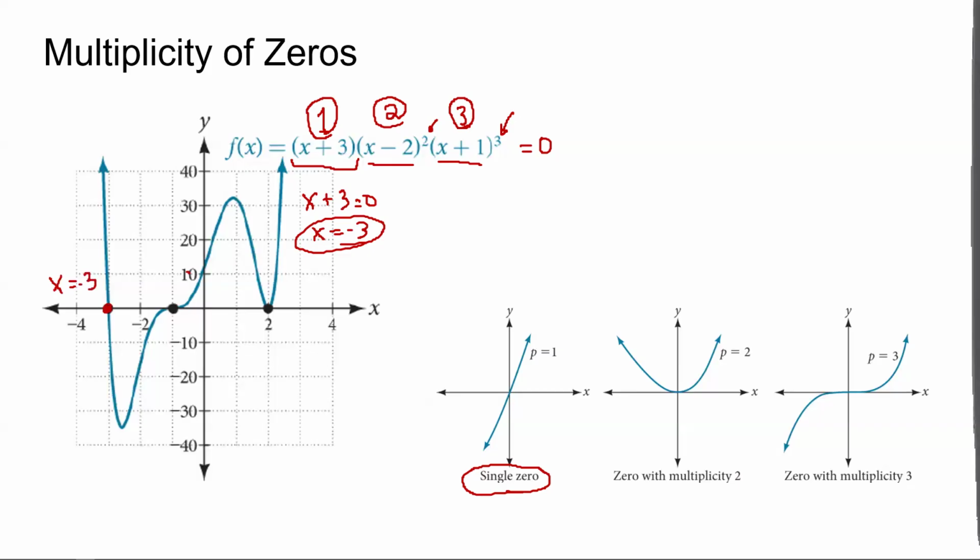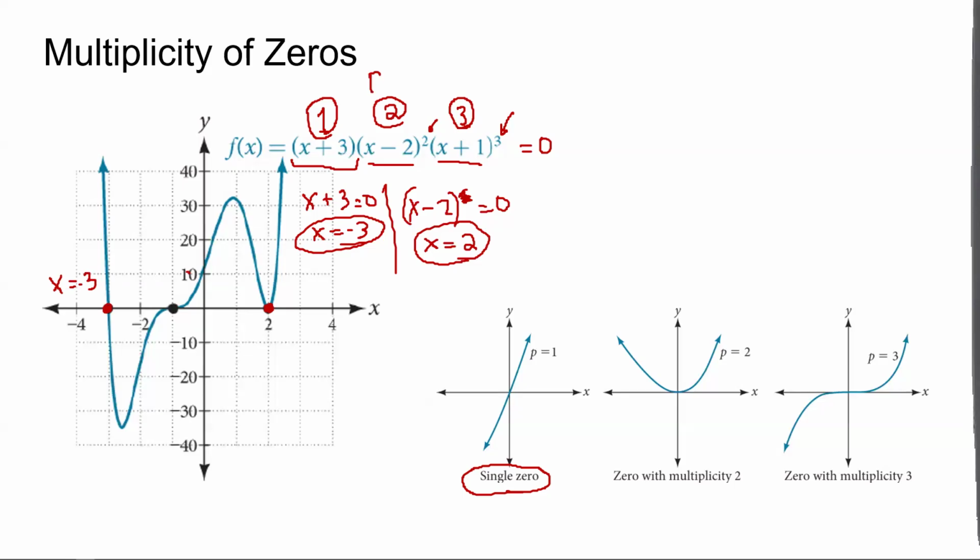All right. When I take the second one, the x minus 2, it is squared. I set it equal to 0. I can kind of forget about the squared for a second. And I'm going to get a root at x equals positive 2, being this dot right there. But because of the squared, that happens twice. The multiplicity right there is 2.